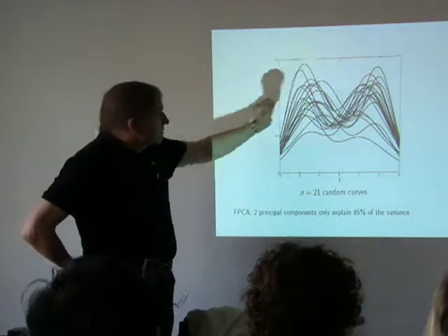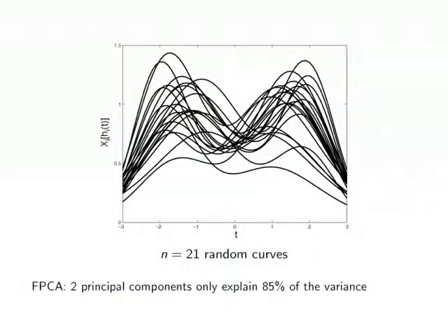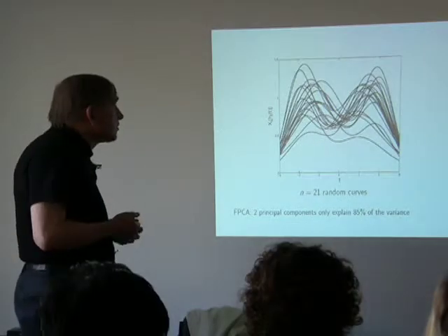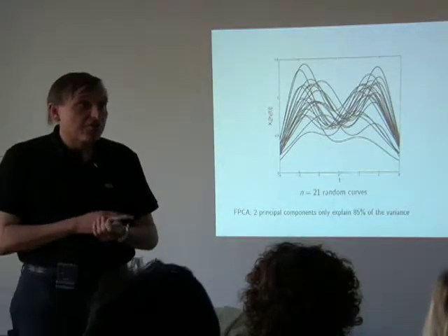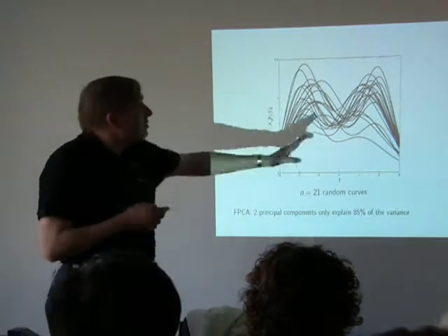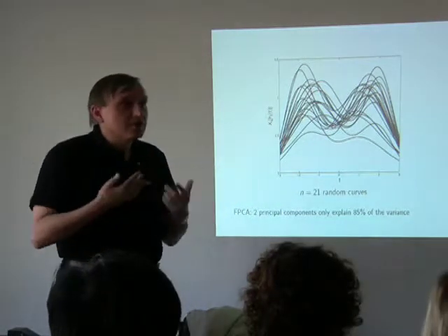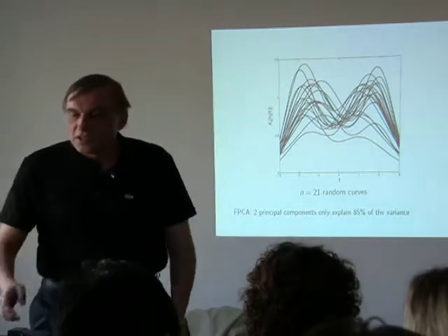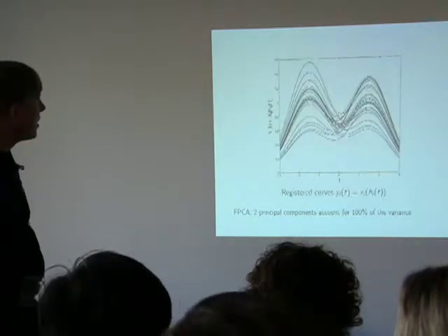And this poses some problem. For example, one of the important things is functional principal components. For this type of curve, they explain 85% of variance. And now the idea is what are called registration procedures, which try to eliminate this horizontal variation. They try to align curves so that the locations of different features are about the same.